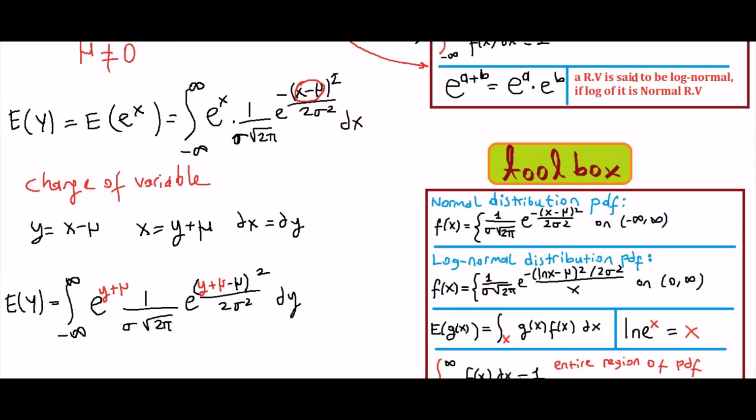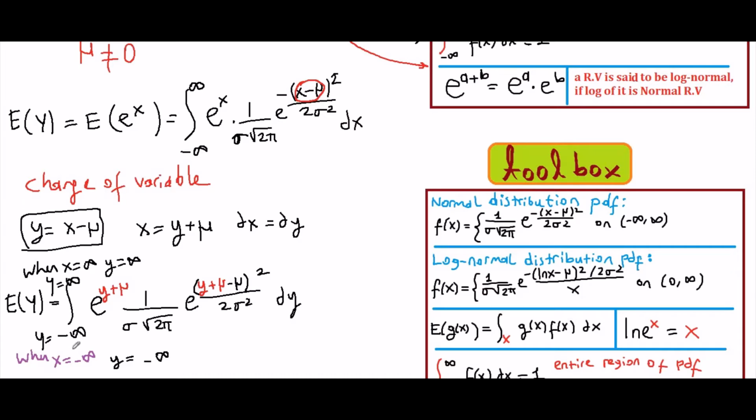We also need to check the limits of the integral. When x is equal to negative infinity, our y will still be equal to negative infinity. And when x equals positive infinity, again y equals positive infinity.